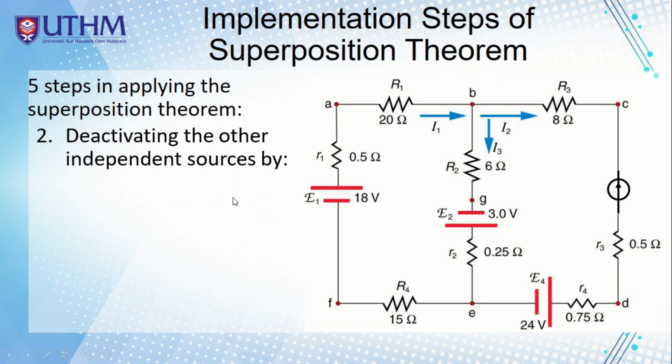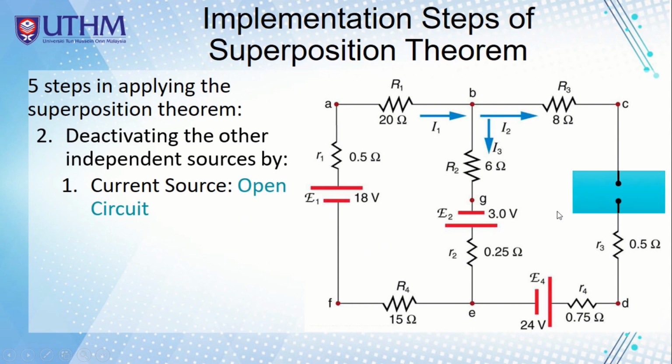What you need to do is deactivate the independent sources. It really depends on the type of independent source available. If it's a current source, like the I1 here, then you replace it with an open circuit.